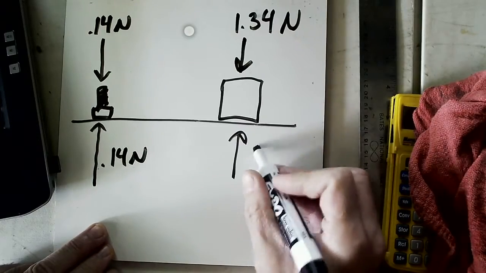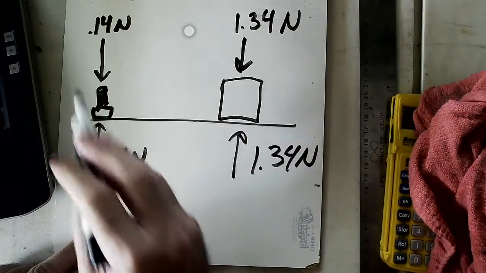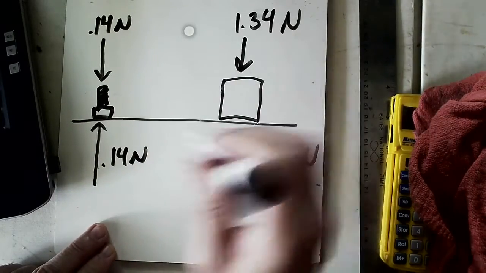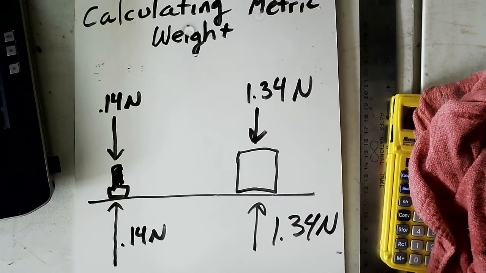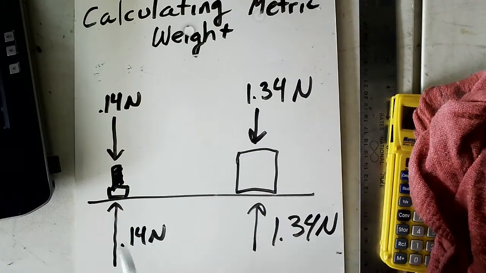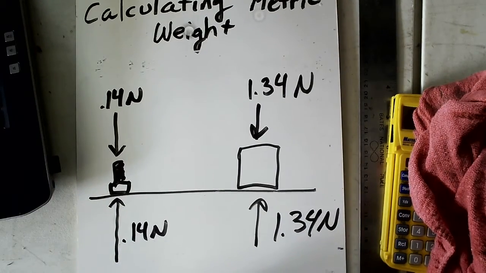The floor is pushing up with 1.34 newtons. So there's two forces going on here, not just one. Okay, so that's how you calculate weight, and that's how you do what's called a force diagram using vectors.